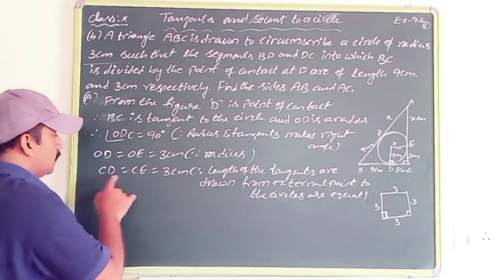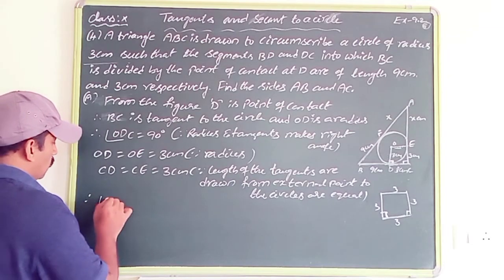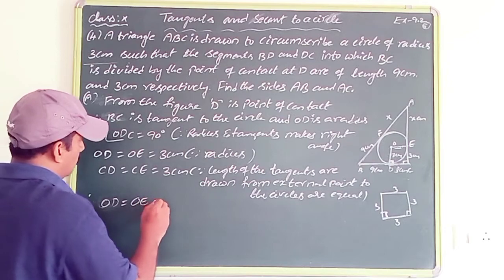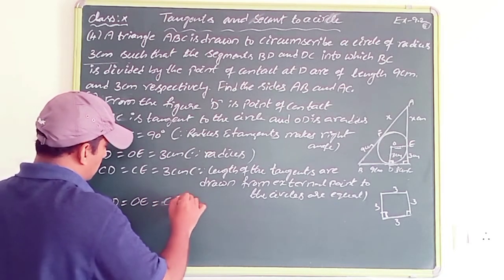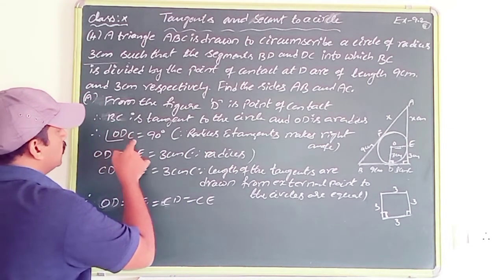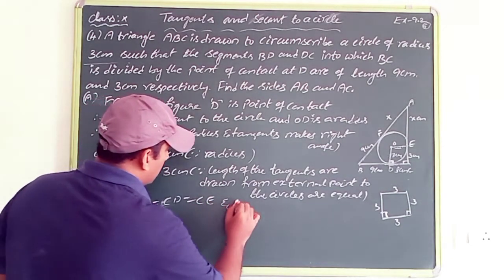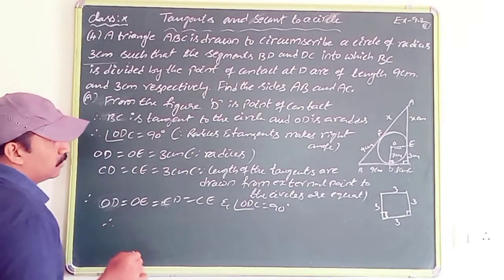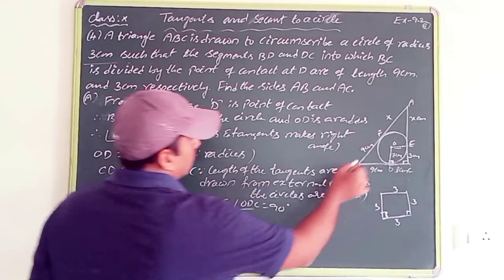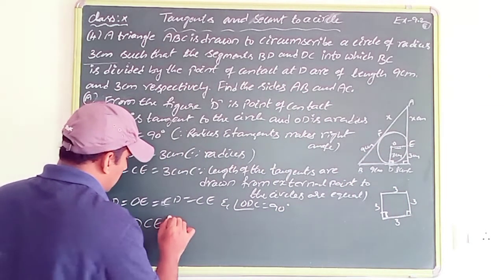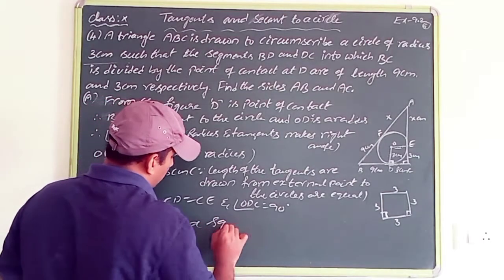So CD is equal to CE. Finally, OD is equal to OE, and CD is equal to CE. So all sides are equal, and angle ODC is equal to 90 degrees. Therefore, what is this? ODCE is a square.